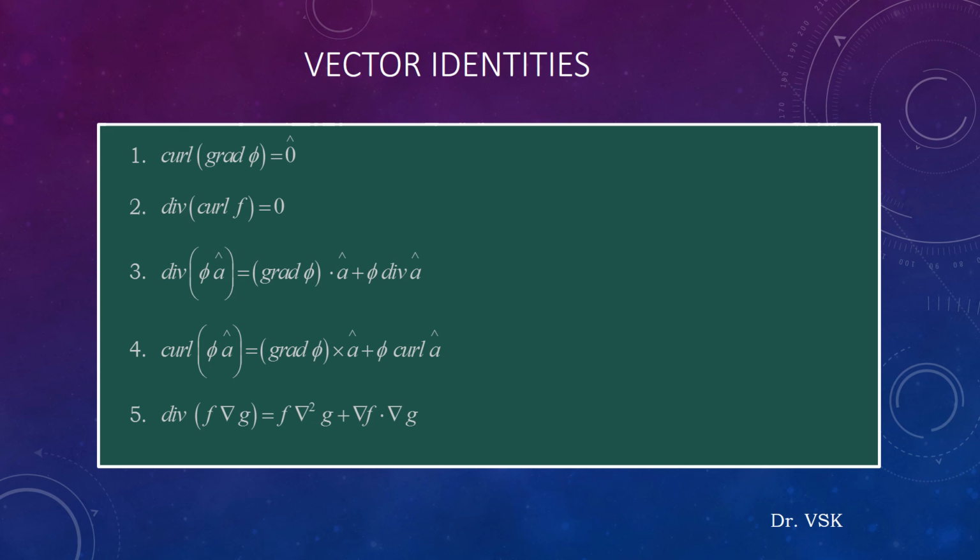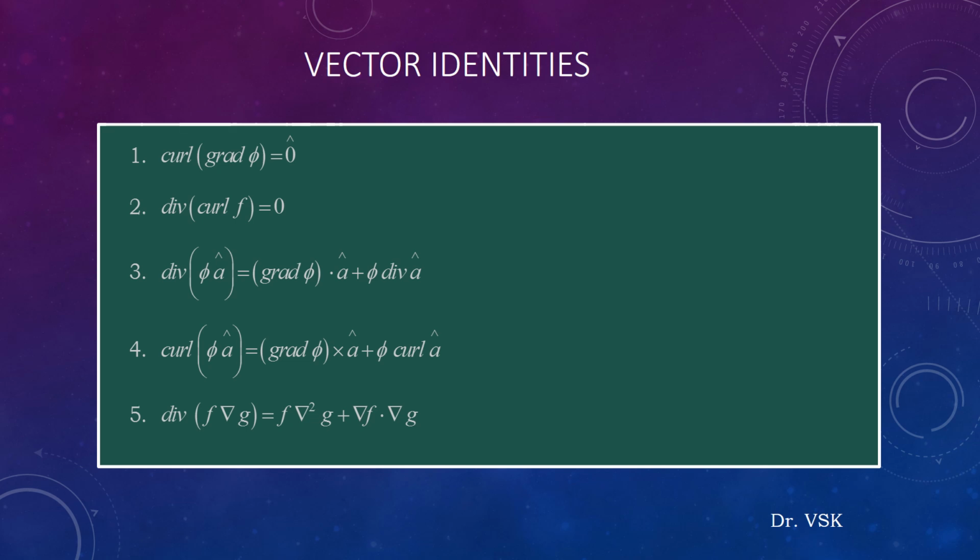The first term is the cross product of two vectors grad phi and a cap. The cross product of two vectors again produces a vector. So the first term on the RHS is a vector. If we go to the second term, the second term is phi curl a cap.